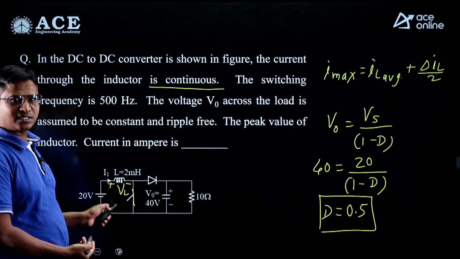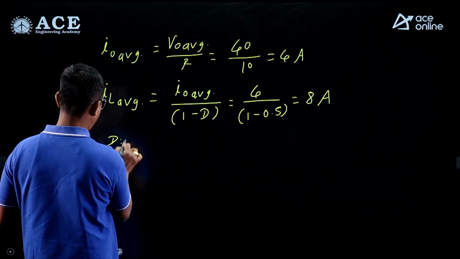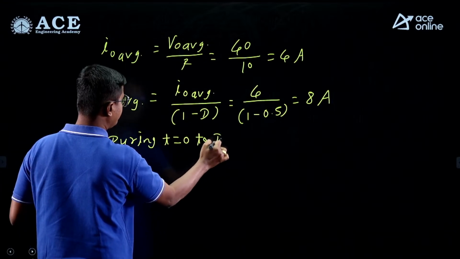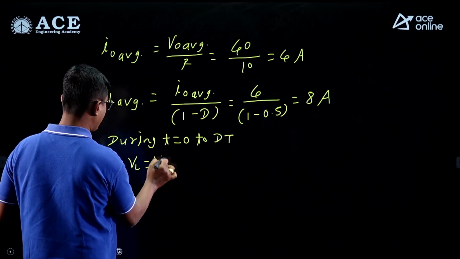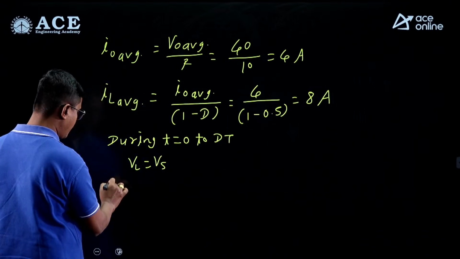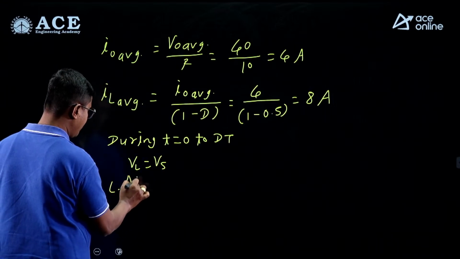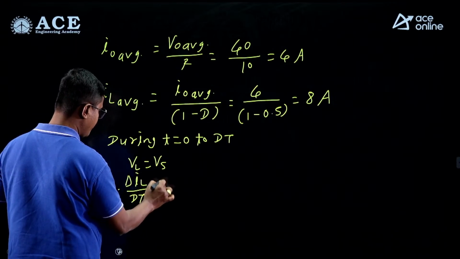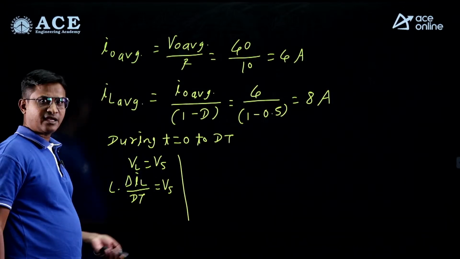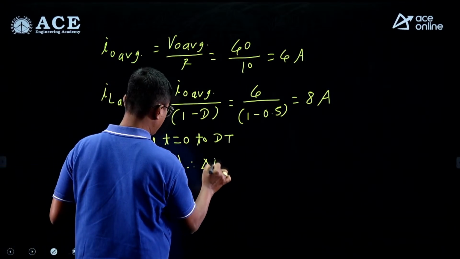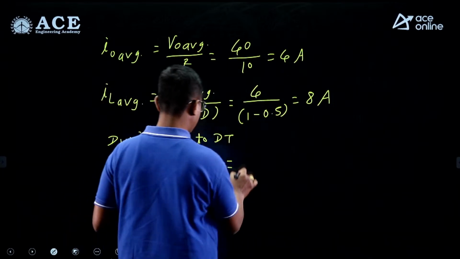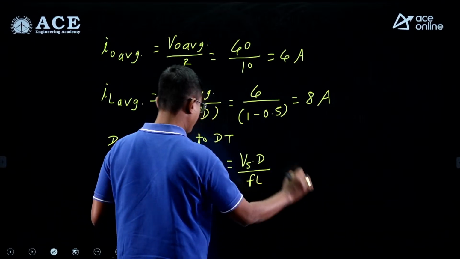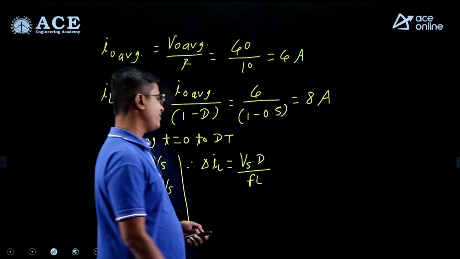VL is equal to Vs. So during t equal to 0 to DT, my VL value is equal to Vs. But VL means L into delta IL by delta t, where delta t is nothing but T on, that is D into T. Therefore, delta IL equal to Vs into DT divided by L, or you can write it as Vs into D by fL.